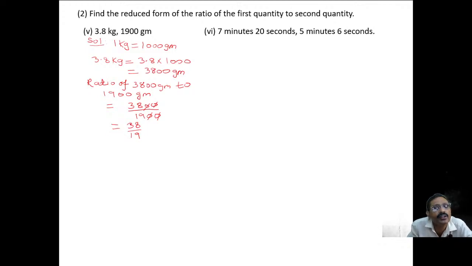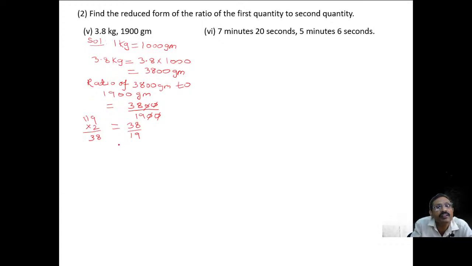Can we reduce it further? Is there any table where it goes? So what simple thing I would like to tell you is, look at this 19 here. If you take any table, it will not go in 19. But 19 ones are 19. Can we find a table, the 19 times table, in which this 38 will go? 19 ones are 19, 19 twos are, let us calculate 19 into 2. 2 nines are 18, 2 ones are 2 and 1, 38.